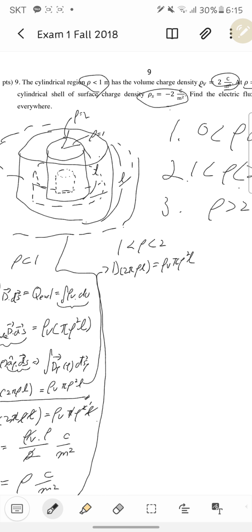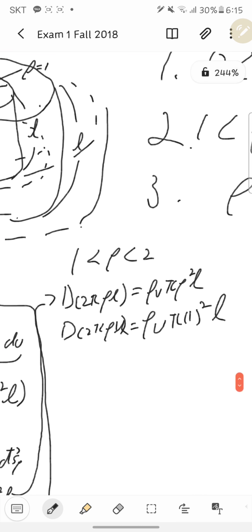So we can just write it down with rho equals 1.